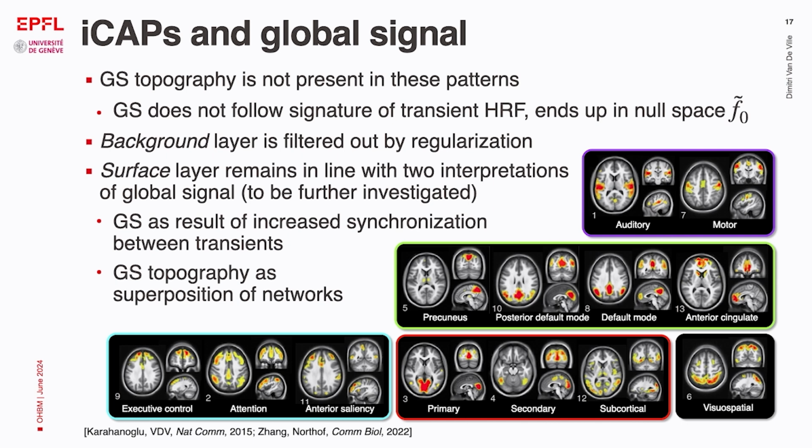First of all, the global signal can be seen as an increased synchronization between transients, and the global signal topography as a superposition of the networks represented by these different ICAPs. So those could still be explained by the ICAPs methodology.